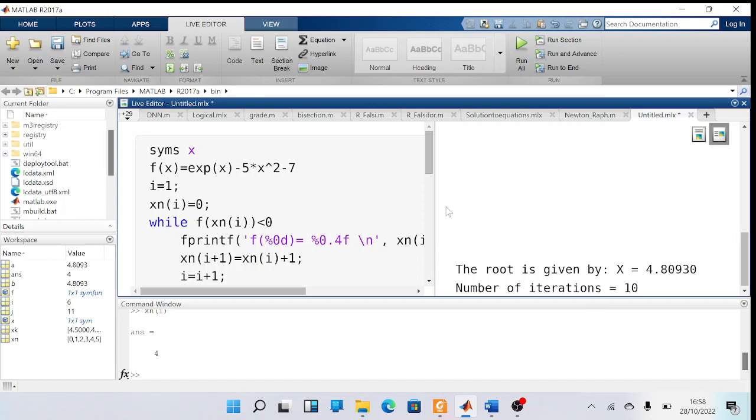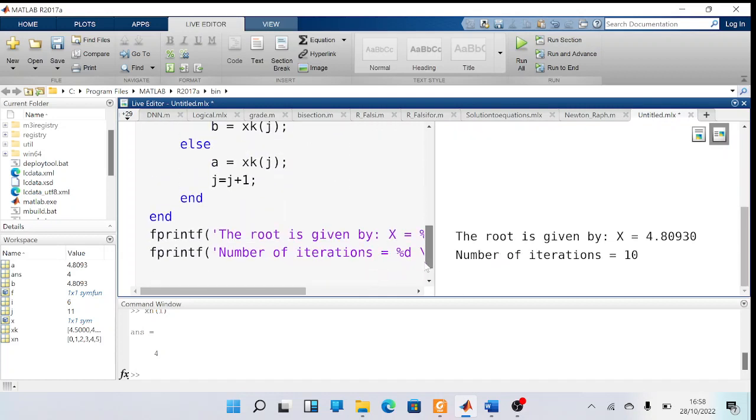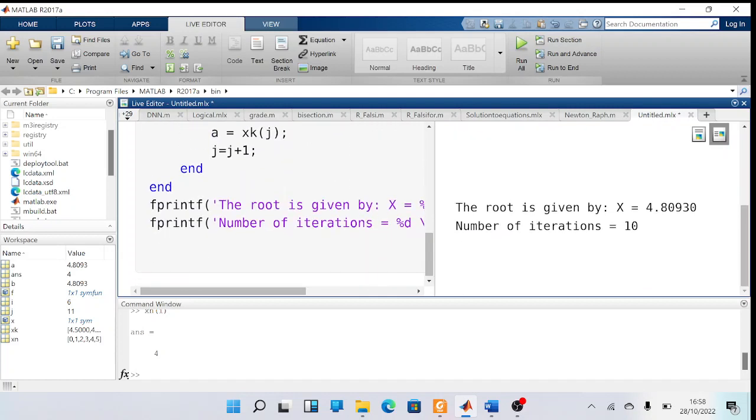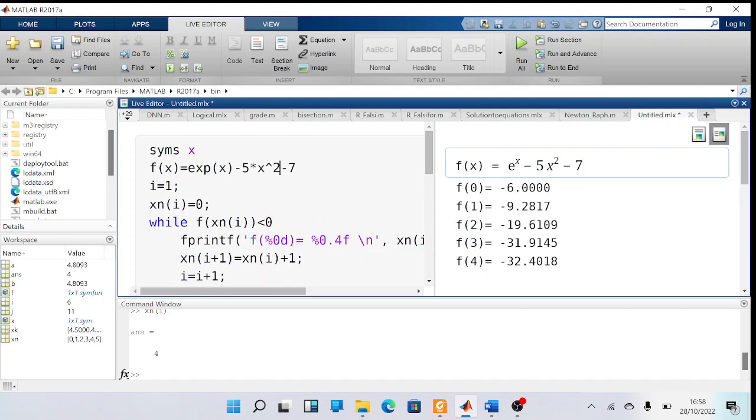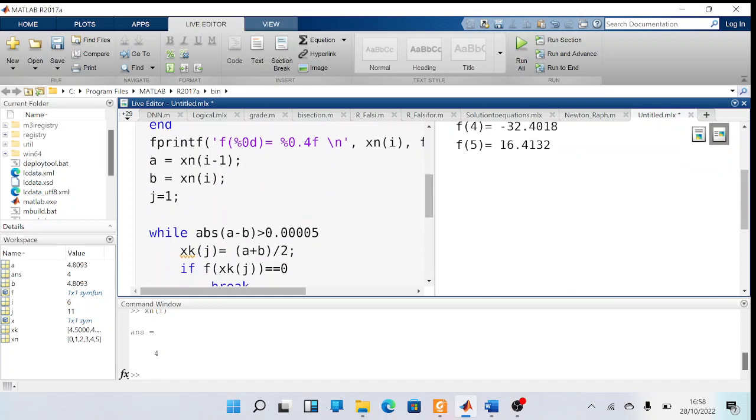So this code now determines the number of iterations because we have put the stopping criteria as the maximum error that we are going to allow here. So basically, this is how we can implement the bisection method in MATLAB.